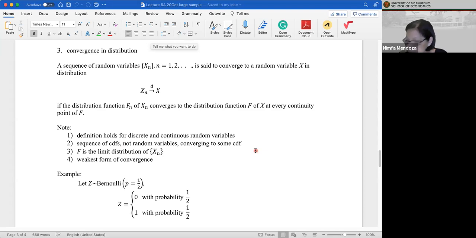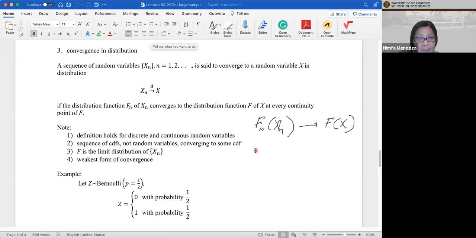So you're looking at F sub n of X sub n, and you are looking at whether this converges to the CDF of X. So F is the CDF.